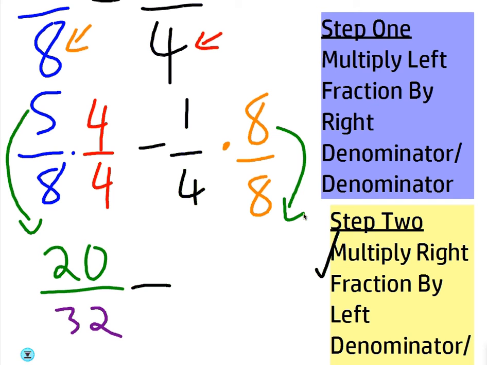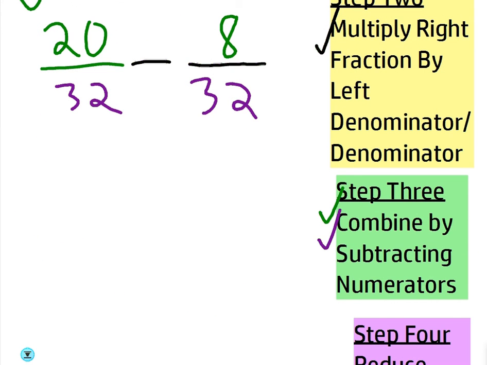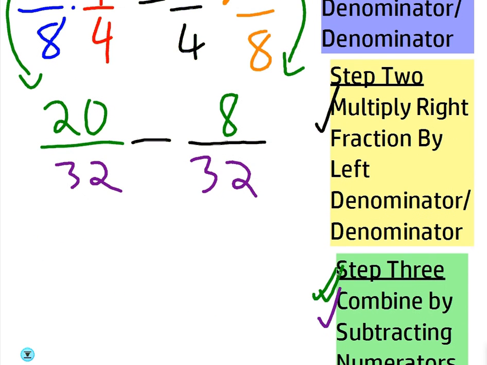If we're just subtracting the numerators, we do not need to subtract the denominator, just like when we looked at the water. It's the same number of pieces total. We're just subtracting the parts, which is the numerators. So 20 minus 8 is 12 over 32. Are we done? No, because you can reduce it.